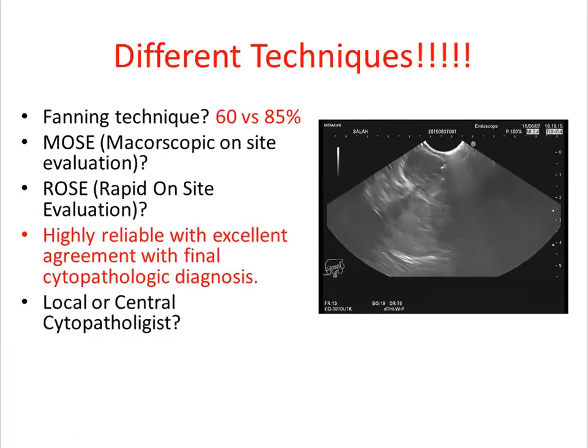I think the most important factor in determining the yield of EUS tissue sampling is the local or central cytopathologist, an experienced cytopathologist. This is, I think, the most decisive factor.